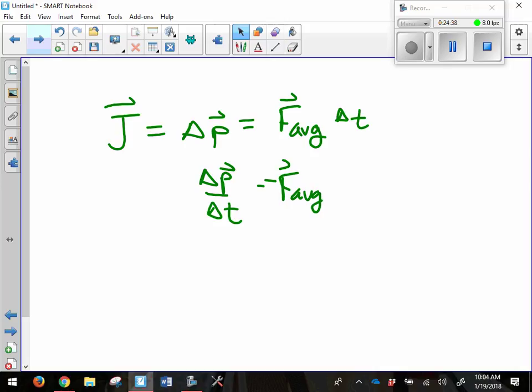Remember that power is a what, though? It's a scalar, okay? Momentum is a vector, all right? So that's a first indication.